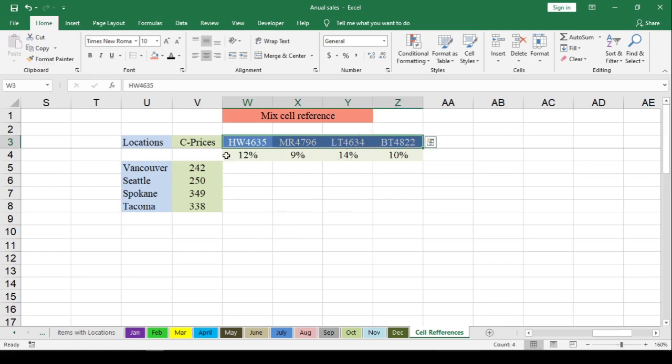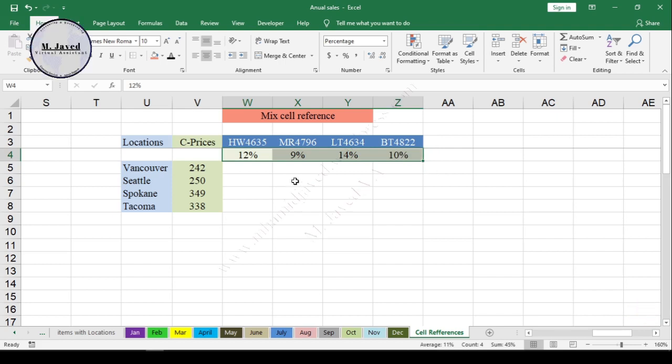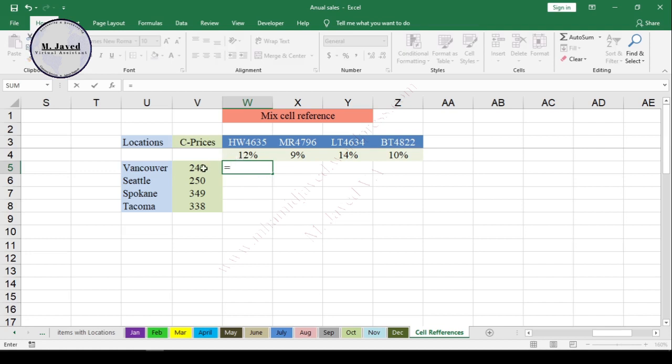And what we want is to increase the prices by the mentioned percentages. Now write your formula and drag it, whether vertically or horizontally.